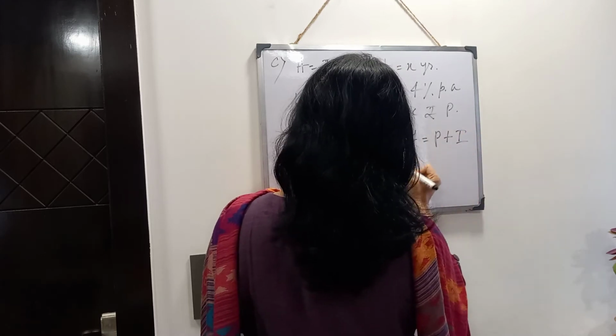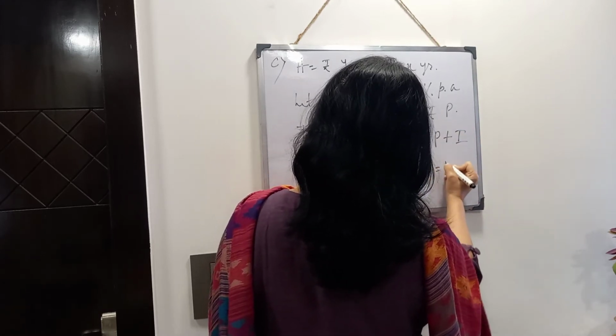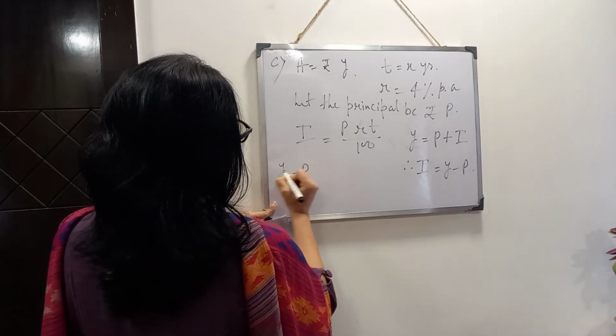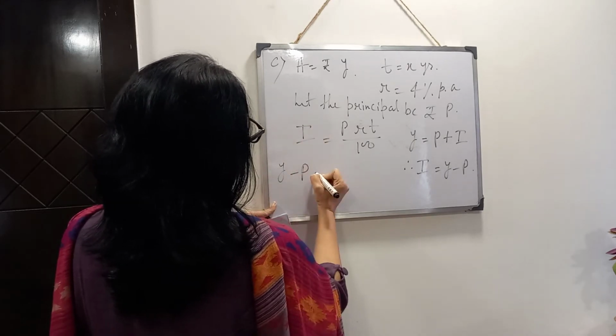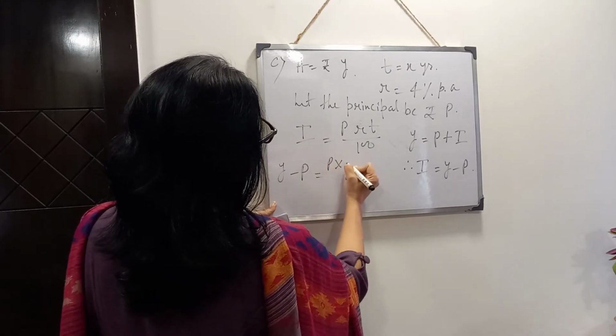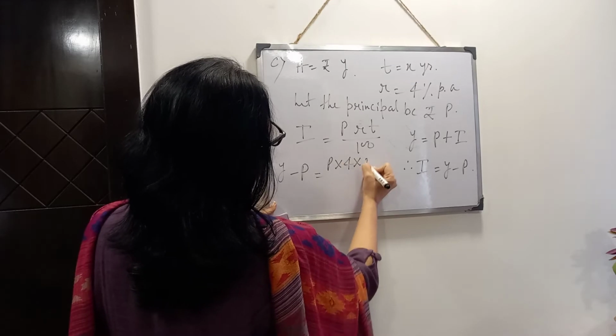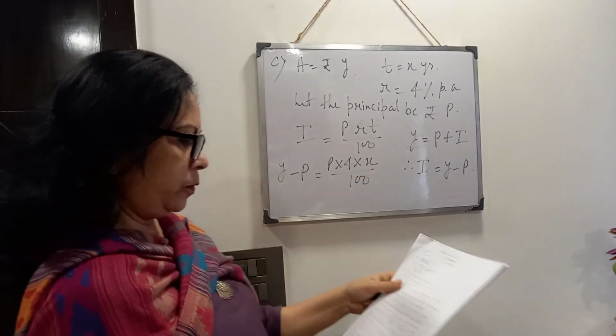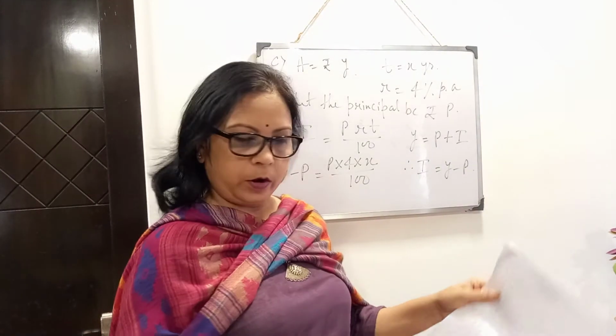Principal is P. So what is your interest? Y minus P. Clear? So here we will put y minus P. Amount minus principal equals to interest. P, R is 4, time is x, by 100. Now it is given in form of 100, so we will not cancel.